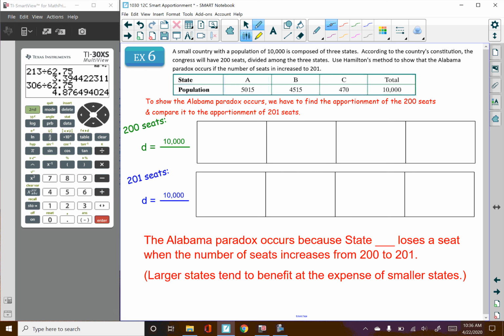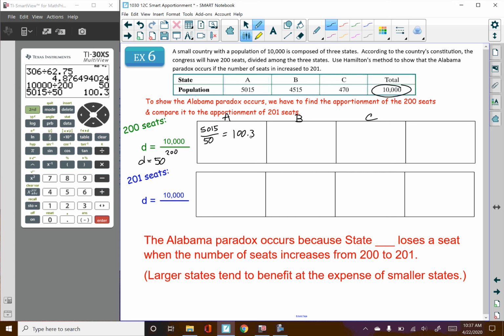For the first apportionment, we're apportioning 200 seats. So our standard divisor is 10,000, the total population, divided by those 200 seats, which gives a standard divisor of 50. State A has a population of 5,015, and dividing it by 50 gives 100.3.